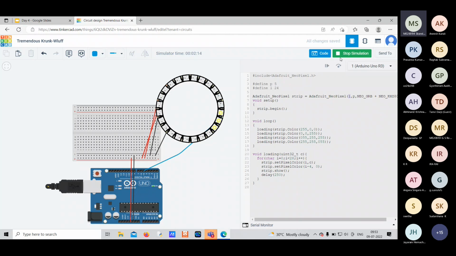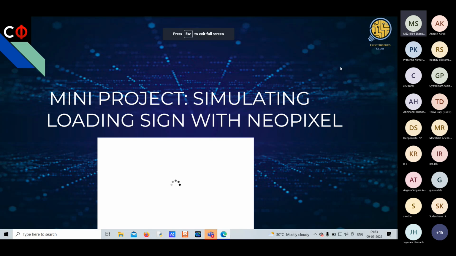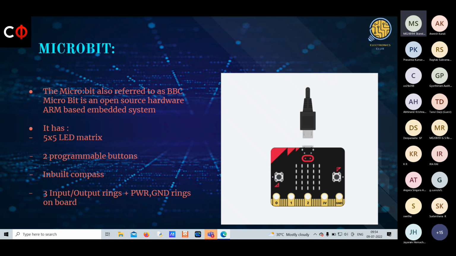Hoping that it was understood by everyone. I've got some responses too. Thank you. So moving on to the slides. I've even provided the code here on the slide, so if you find any difficulty in writing or you made a mistake somewhere, we can use this. So next up we have the microbit.